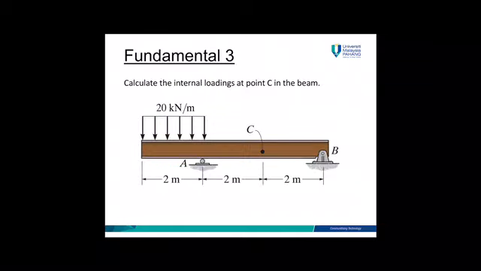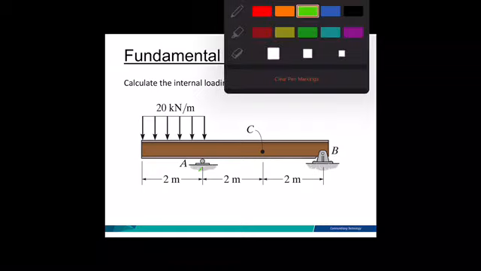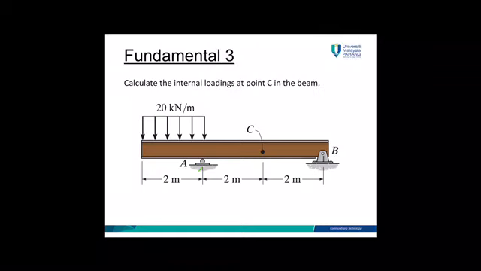Now we go to the fundamental 3, which is you have the uniform distributed load 20 kN per meter. Same, you need to times the distance. Here A is a roller and B is a pin. You do the calculation AY, and then you will get the answer is 50 kilonewton.